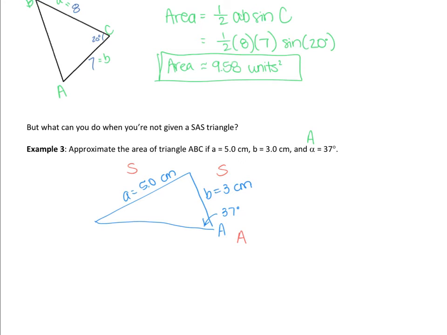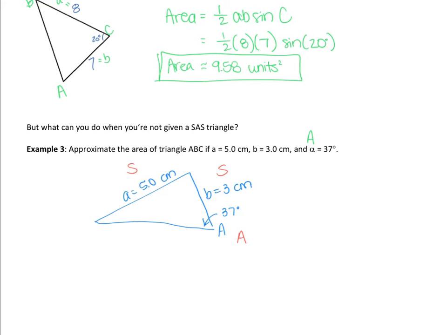So in order to use sine to determine the area, we're going to have to find the measure of the included angle up in here, because that's what the formula involves. It involves the product of 2 sides and then the sine of the angle between them. So how could we find this angle measure in here?